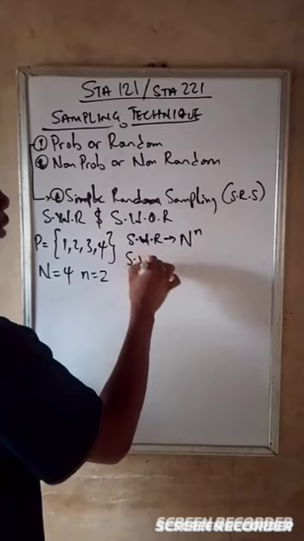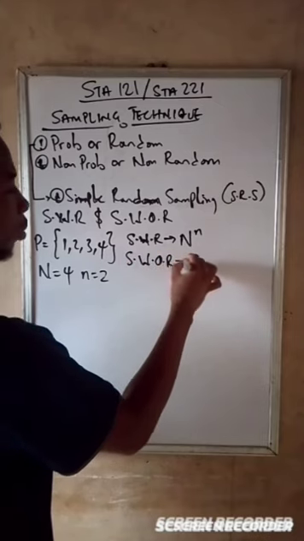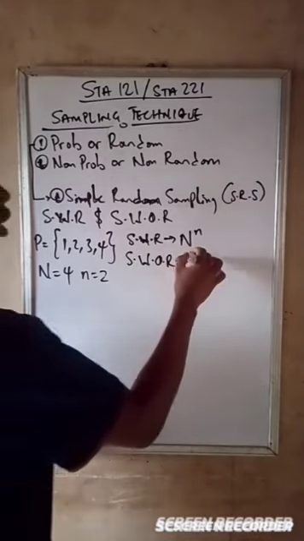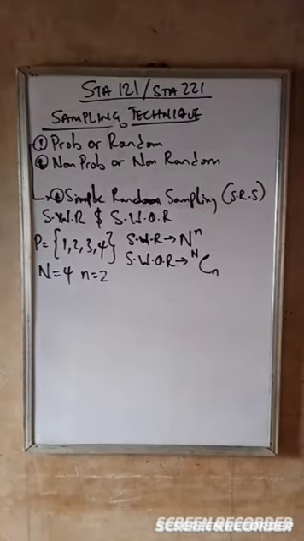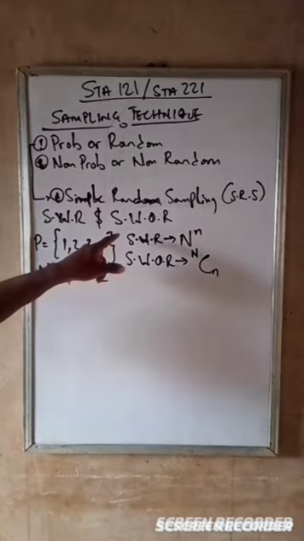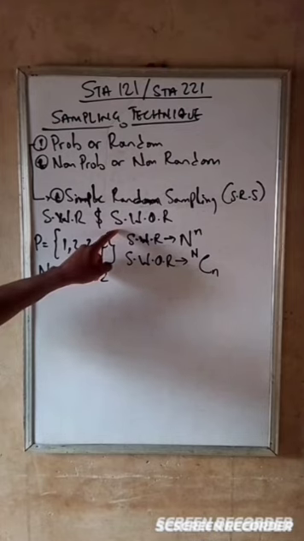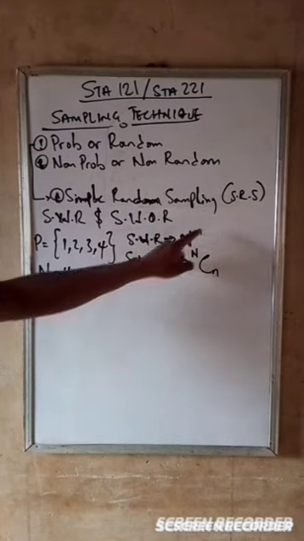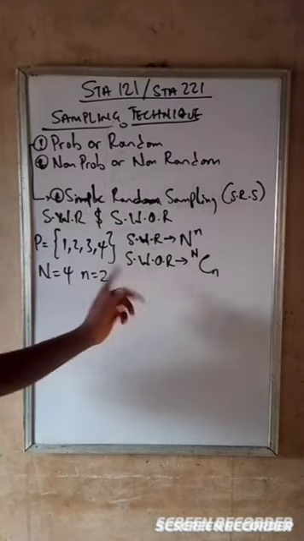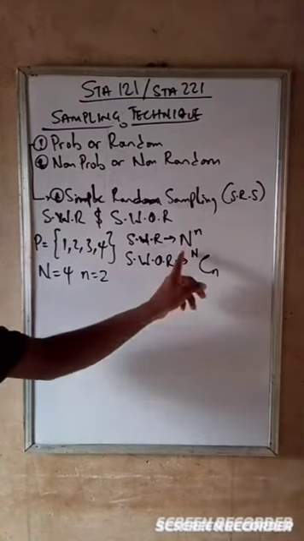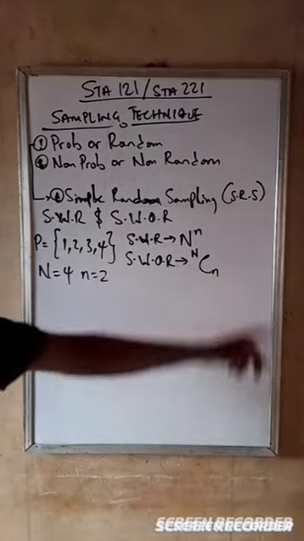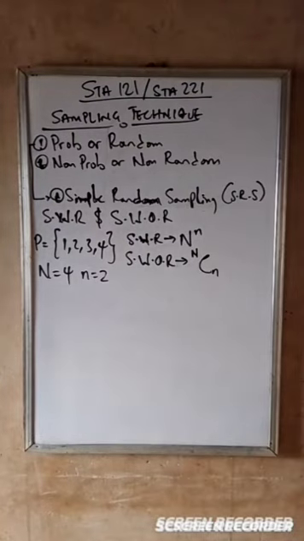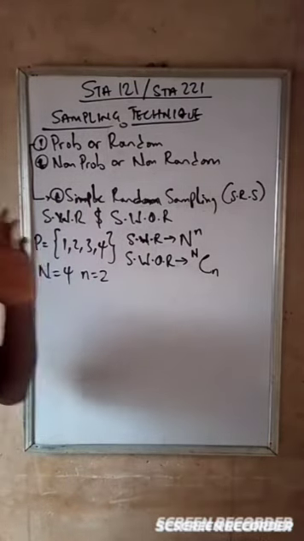And the total number of samples that can be formed for sampling without replacement is capital N combination small n. Sampling with replacement, the total number of samples that can be formed is N raised to power n, while sampling without replacement is N combination n. For those of you doing inference 1, this is a potential exam question.